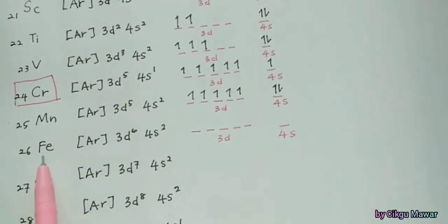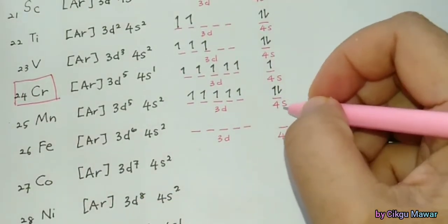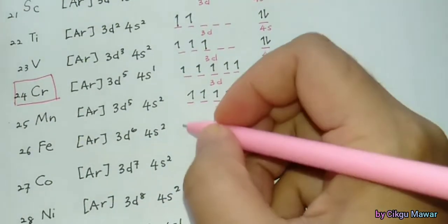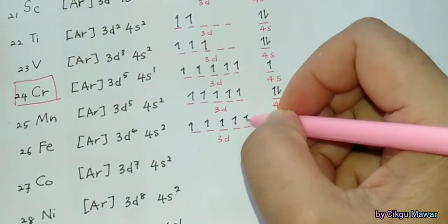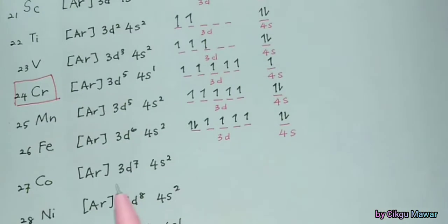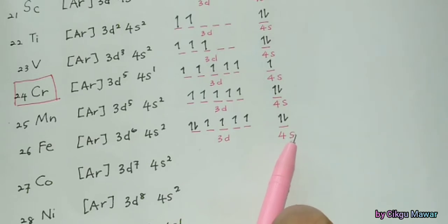For iron, 26, it has 18 from argon, 19, 20, 21, 22, 23, 24, 25, and 26. So the valence electronic configuration for iron is 3d6 and 4s2.